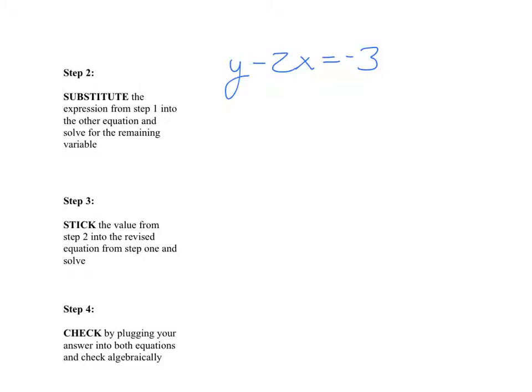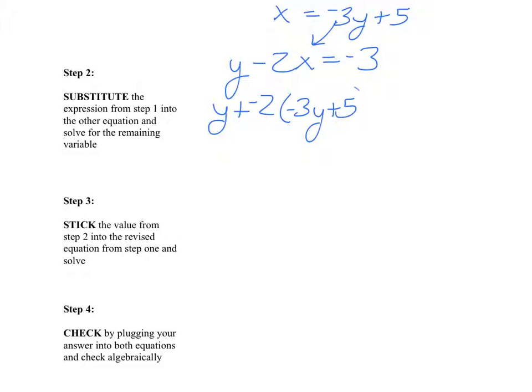And everywhere we see x, we're going to take the x out, and we're going to plug in the negative 3y plus 5 instead, giving me a new problem of y plus negative 2 times negative 3y plus 5 equaling negative 3. Everything else stays the same, only the x comes out.